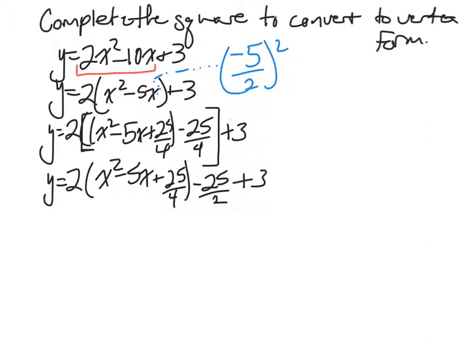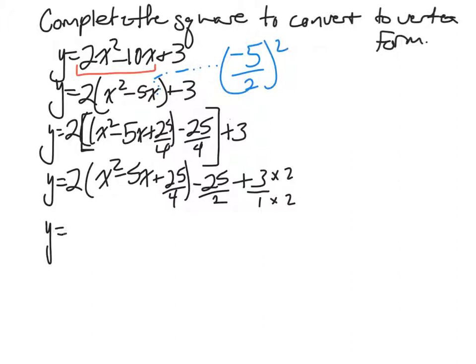Next, I'm going to add these terms together. I can't just add 3 to negative 25 over 2. I'm going to have to make a common denominator. I know 3 is 3 over 1, so I'm going to multiply by 2 and by 2 to make it 6 over 2. So we can add negative 25 over 2 plus 6 over 2.